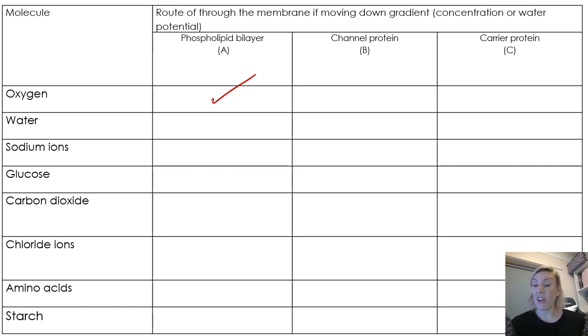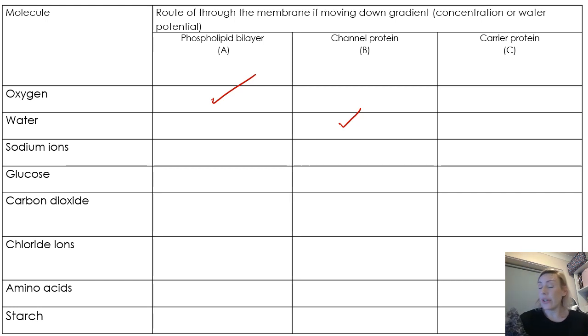Because it's not facilitated by a protein, that means it's a really quick diffusion rate. What about water then? Well, we said water, particularly a channel protein, but specifically an aquaporin. So keep that one in mind.